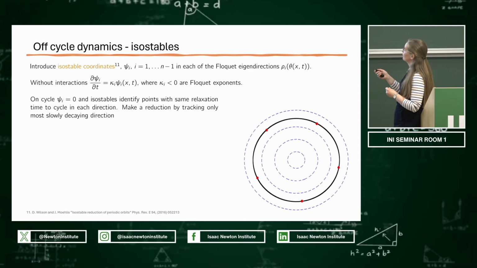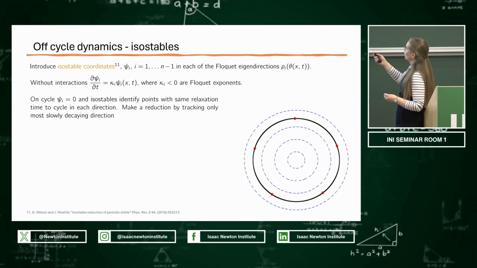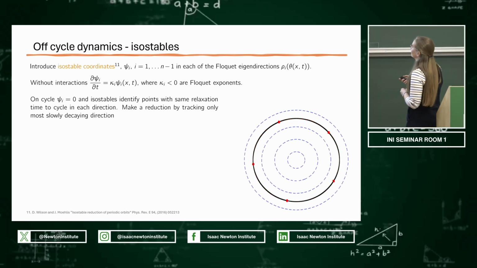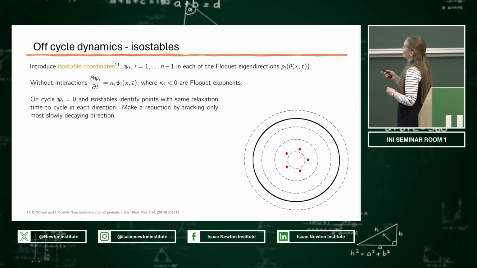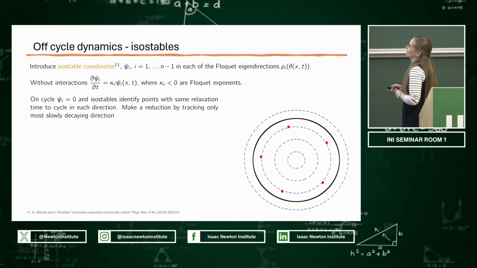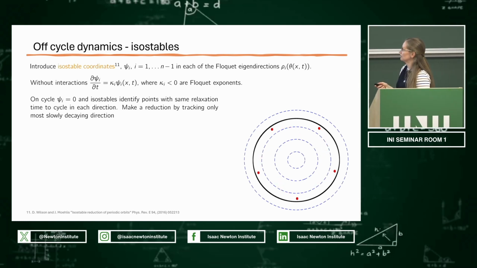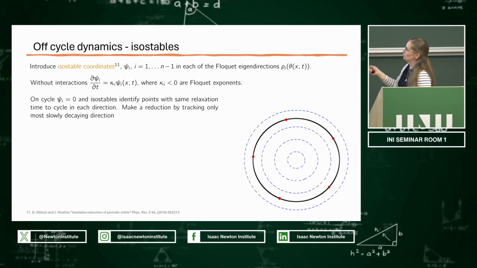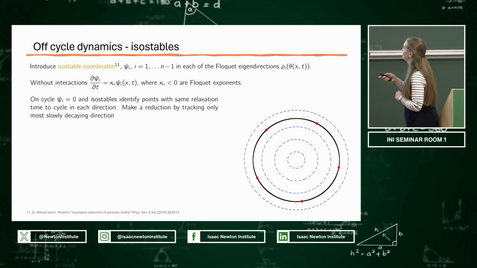We've got our limit cycle, and all of these red dots, starting on each of these other circles in this picture, but they would just be somewhere around the limit cycle. They all decay back to the limit cycle at the same rate. So they're passing each of these level sets of these isostable coordinates at the same time, and they get back to the limit cycle at the same time. Okay, so these dotted blue lines would be called the isostables.